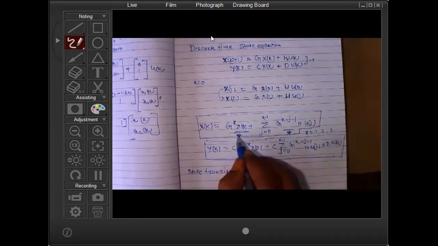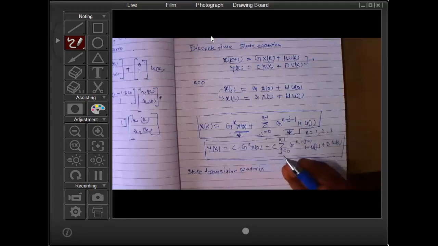Why is it called the natural response? This part is due to the initial value of the state variable. What do you mean by the initial value of the state variable? For example, in an RLC circuit, the inductor has some initial current and the capacitor has some initial voltage stored in the form of energy.